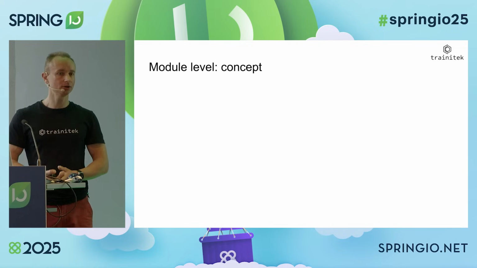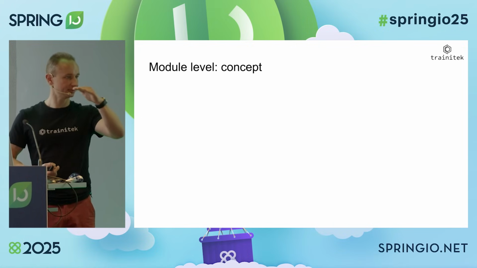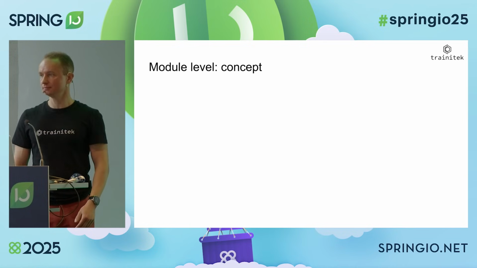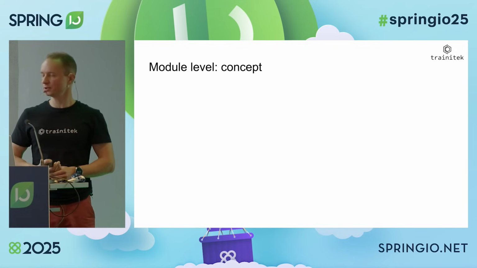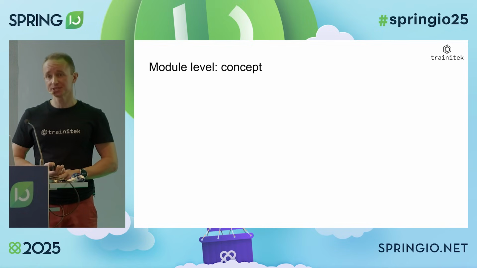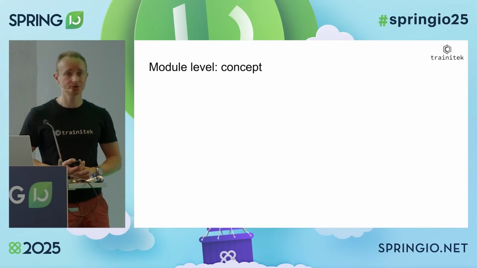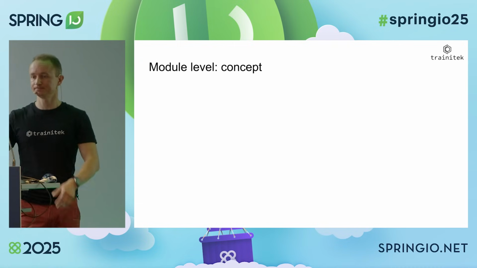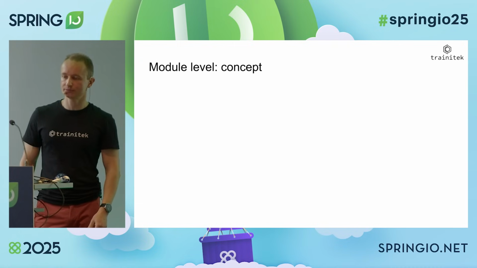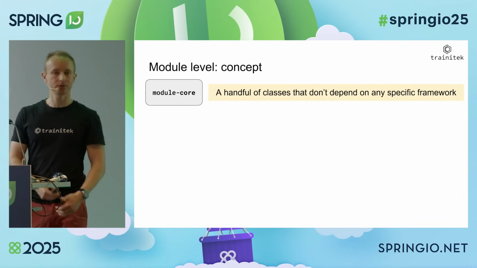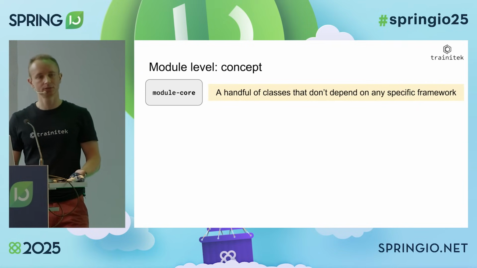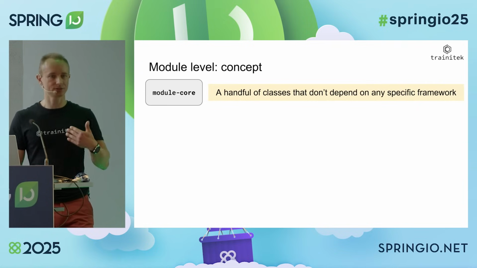Okay, so now we go to the module level, and I would like to present a concept. I read some Spring documentation, I investigated Spring sources, I investigated different library sources, and we ended up with the following concept. So how we want to structure it. First of all, we would like to have a module with the suffix core.